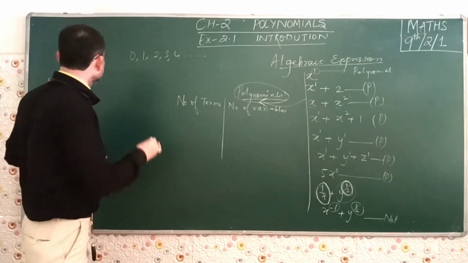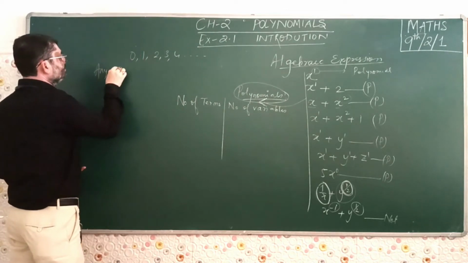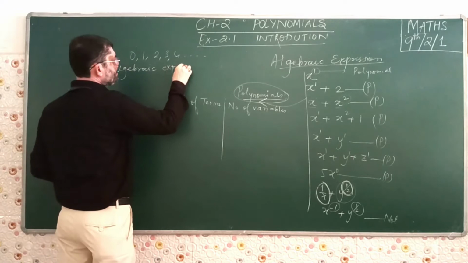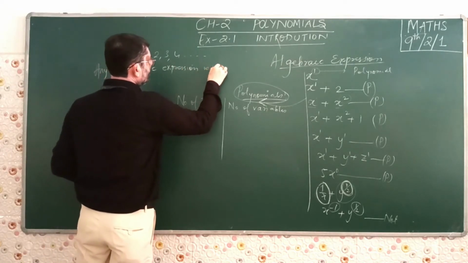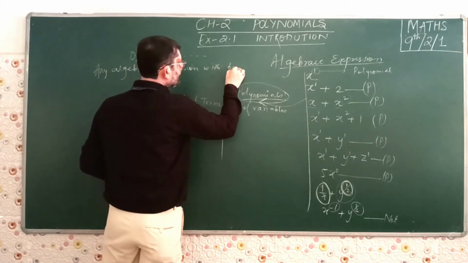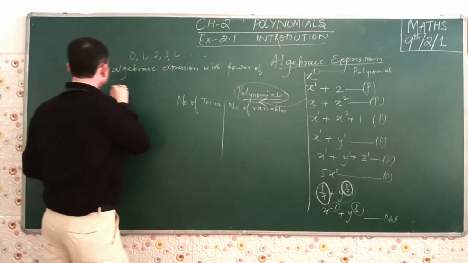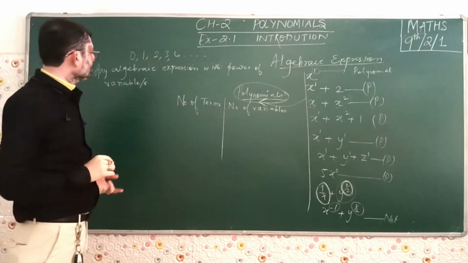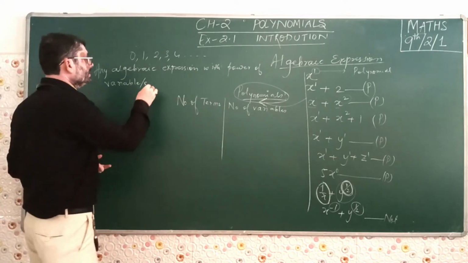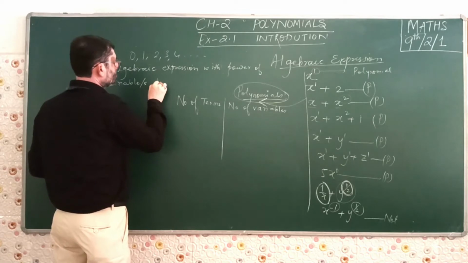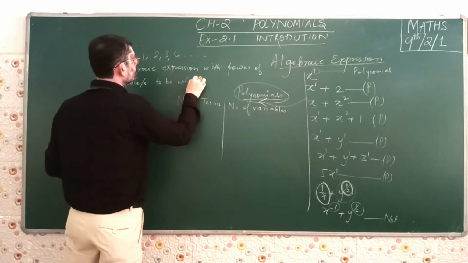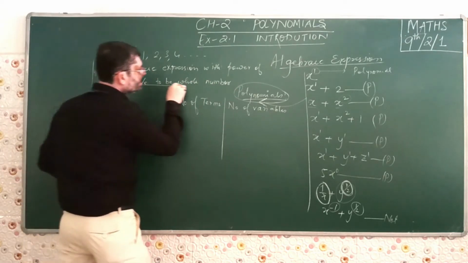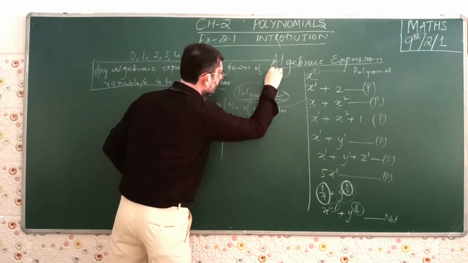If you want to write a definition, we can write: any algebraic expression with the power of the variable or variables being a whole number, always a whole number, is termed a polynomial.